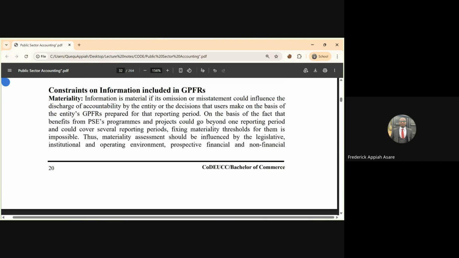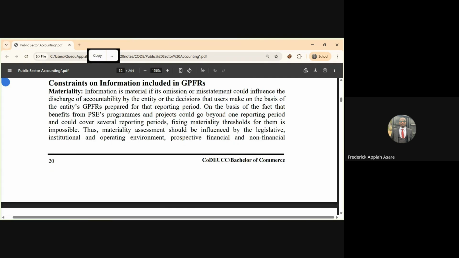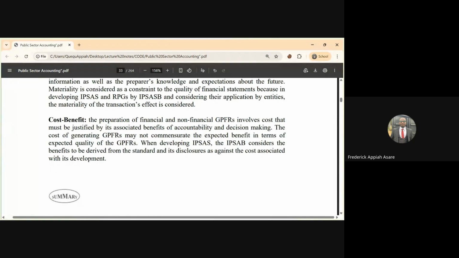So usually we don't know which information is material and which is immaterial. So it serves as a constraint.